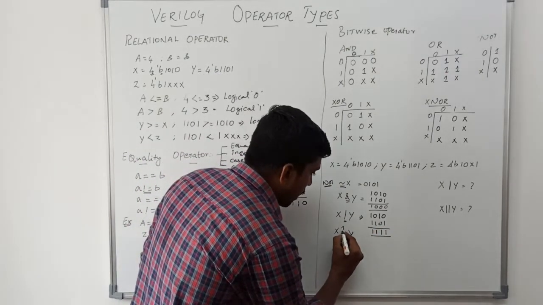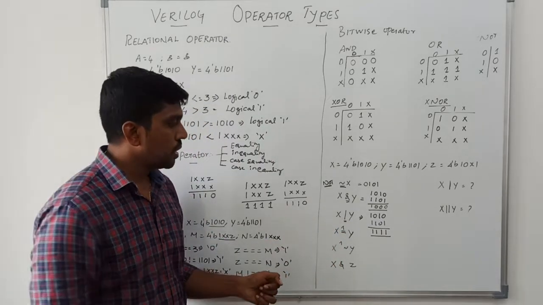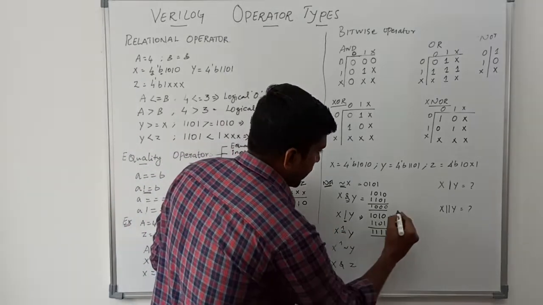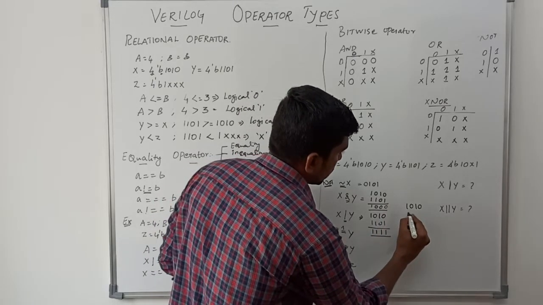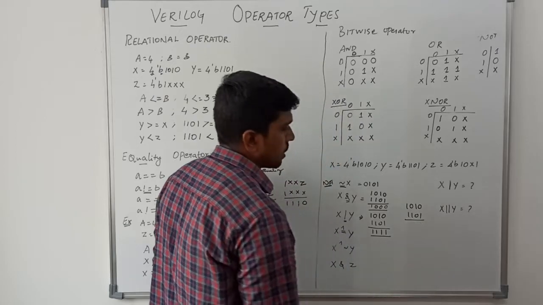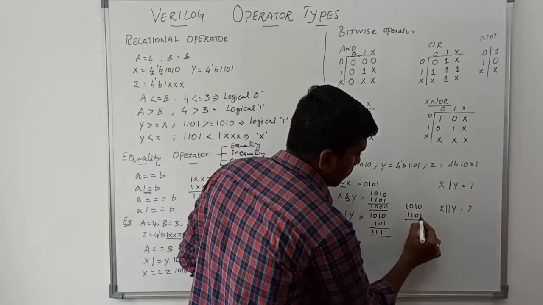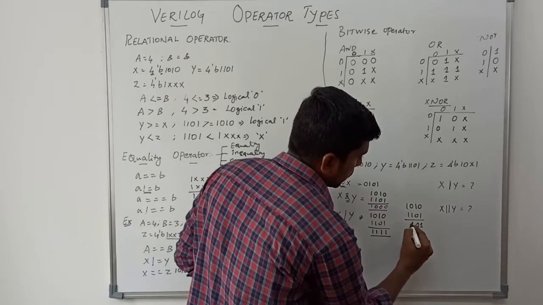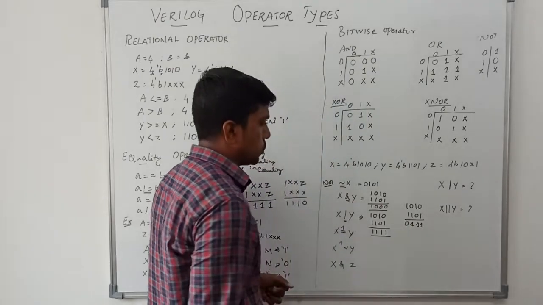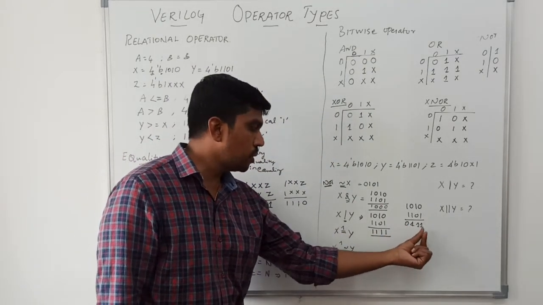Then x cap y. This cap represents the XOR operation. So first you write the x value 1010, then y value 1101. You apply the bitwise XOR property. If the two inputs are different, the result is 1. Same input, the result is 0. After applying this operator, the result is 0 1 1.